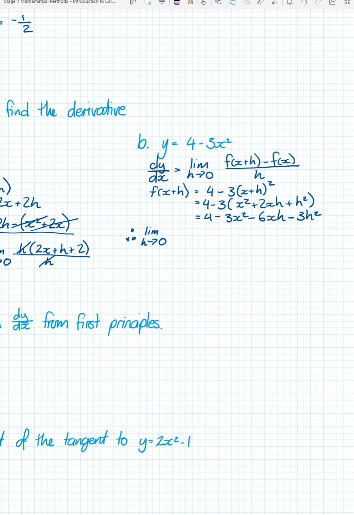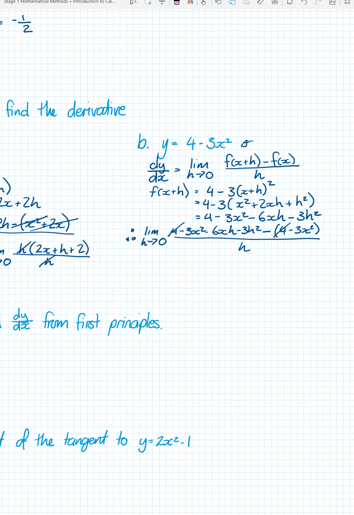Putting this back into our first principles formula, therefore we need to find the limit as h approaches 0 of 4 minus 3x squared minus 6xh minus 3h squared minus our original expression 4 minus 3x squared, all divided by h.